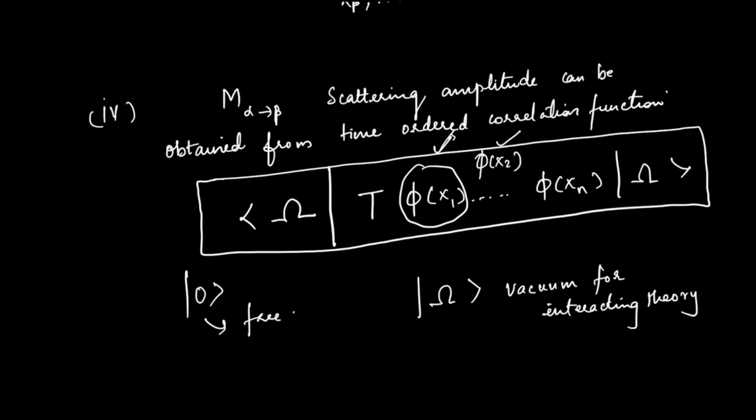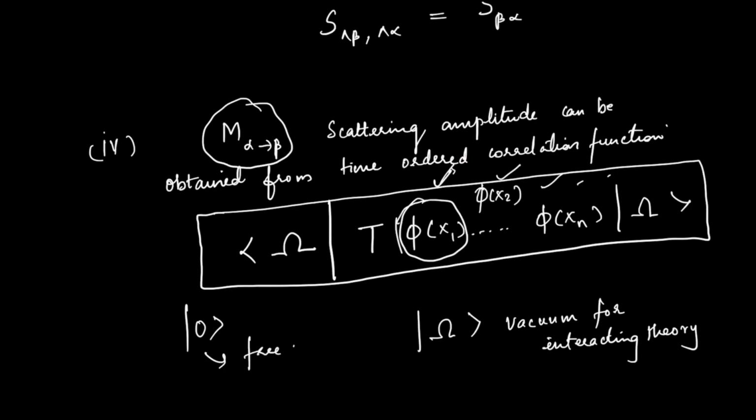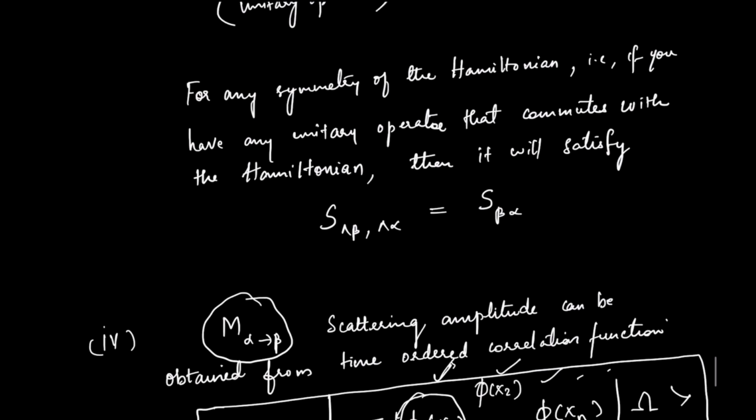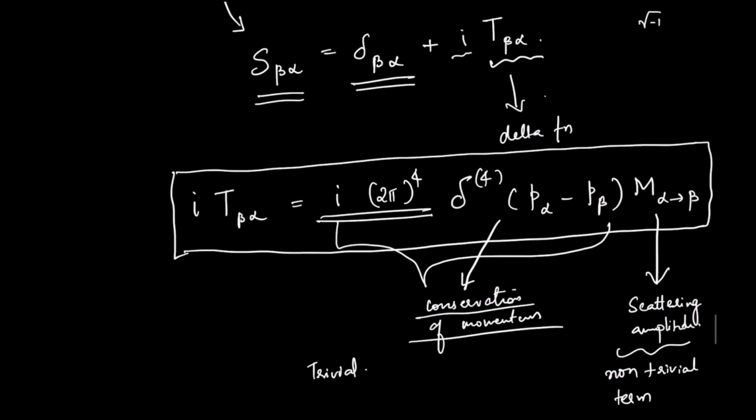Then the next smaller will come, then the next smaller, etc. So this is the key object if you want to calculate the scattering amplitude M alpha beta. Once you get M alpha beta, you can substitute it here and you get the total interaction.